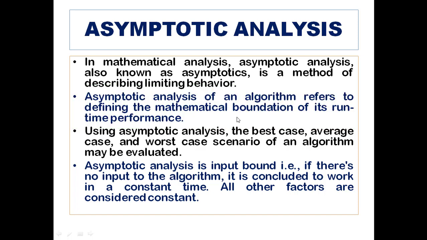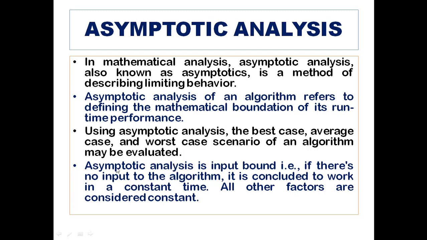Now, as we have already seen in the last lecture, we have best case, average case, worst case. So using asymptotic analysis, the best case, average case, worst case scenario of an algorithm may be evaluated, like you have upper bound, lower bound, in that way.